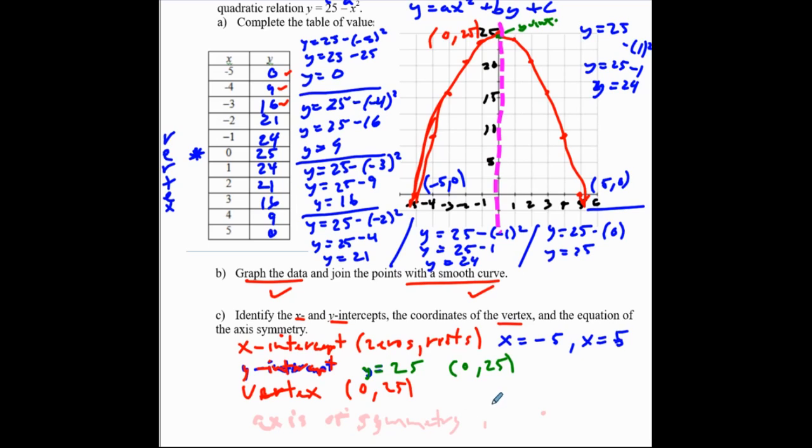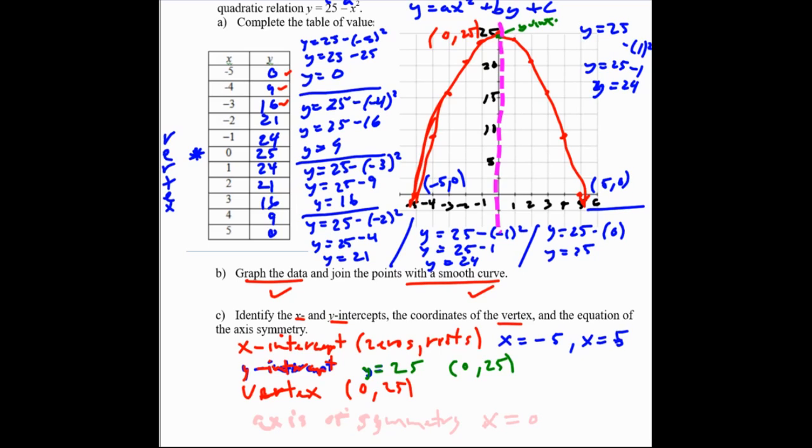The axis of symmetry is an equation, so it's got to be x equals something. In this case, it's 0. My smart pen is not working out for me very nicely right now.